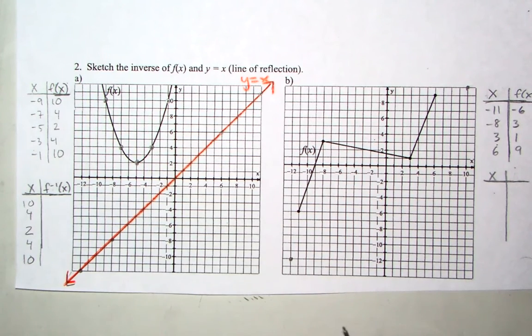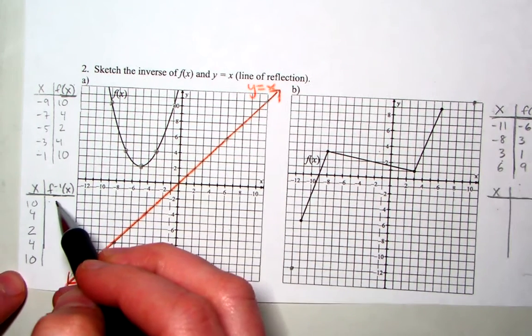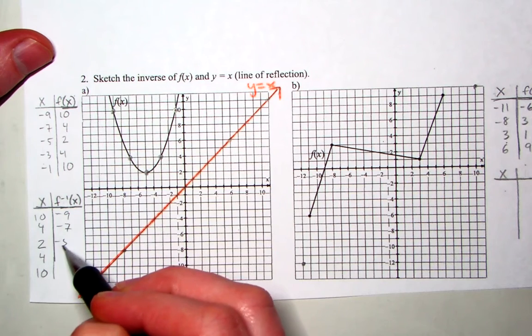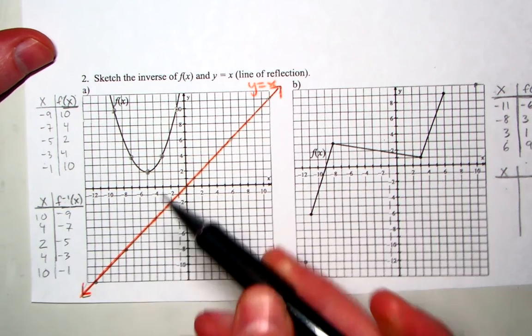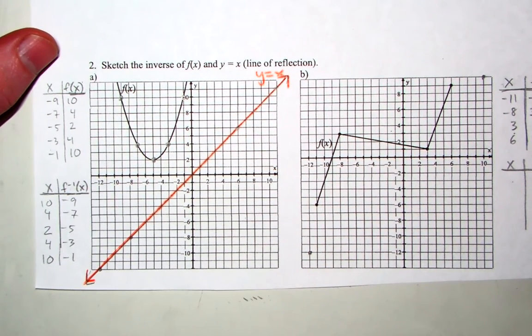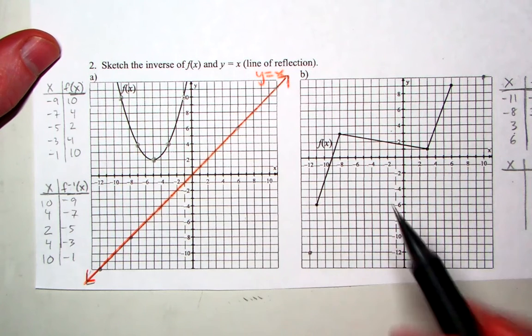And then the output values are negative 9, negative 7, negative 5, negative 3, and negative 1. So just switch the x and y as the real quick shortcut to graph an inverse given a function. So we'll plot the points.